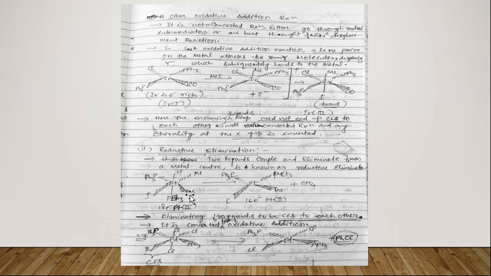If you see here, this species having 18 electrons is reduced to 16 electrons. Remove the methane. So this is the example of reductive elimination.